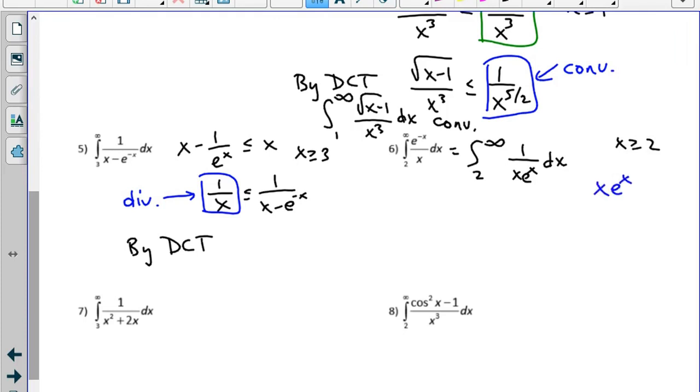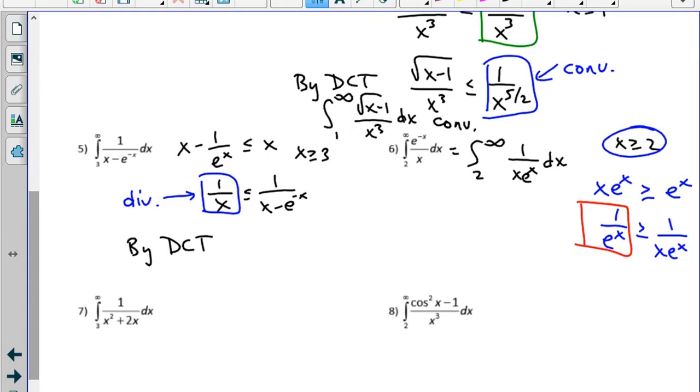x e to the x is greater than or equal to e to the x, because when you take a positive number and multiply it by something 2 or greater, you're going to get something bigger. So then I can divide both sides by whatever was on the other side. So I know that 1 over e to the x is greater than or equal to 1 over x times e to the x.